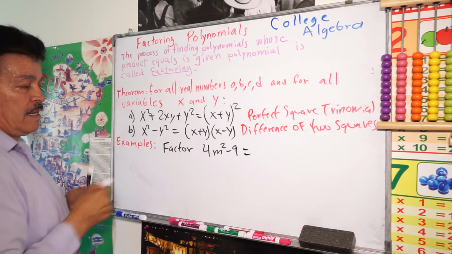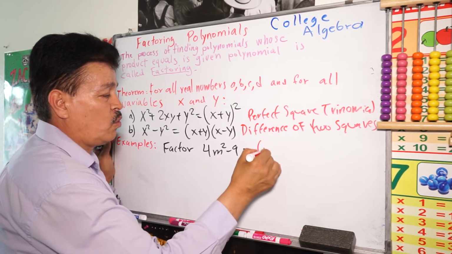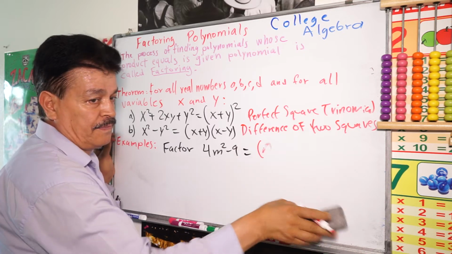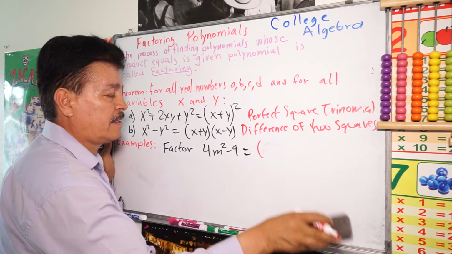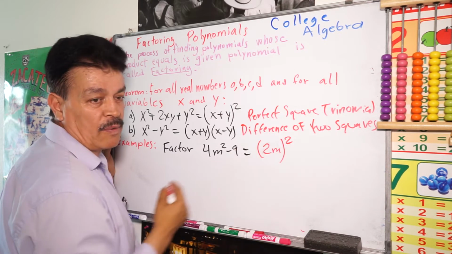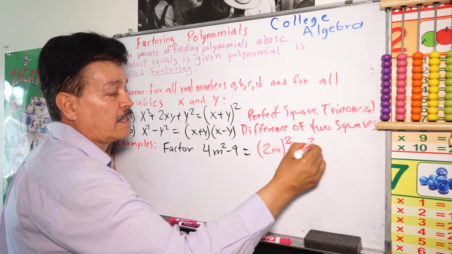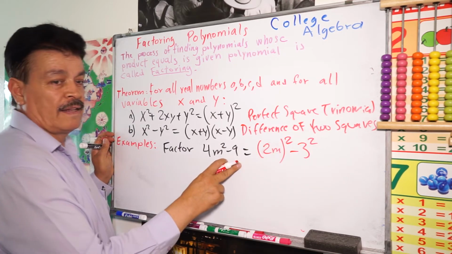This is going to be 2m to the second power minus 3 to the second power, that's 9.